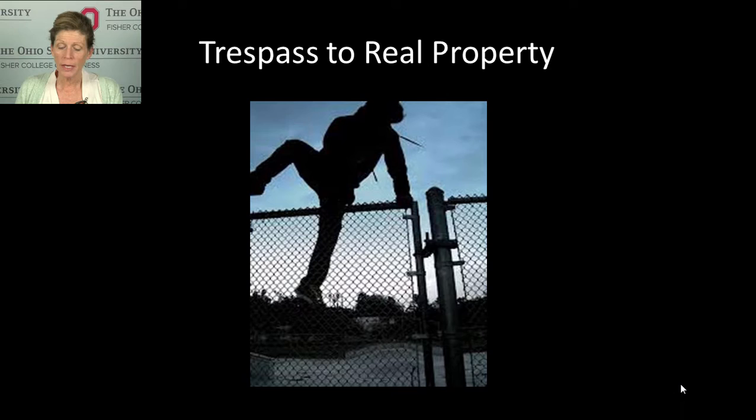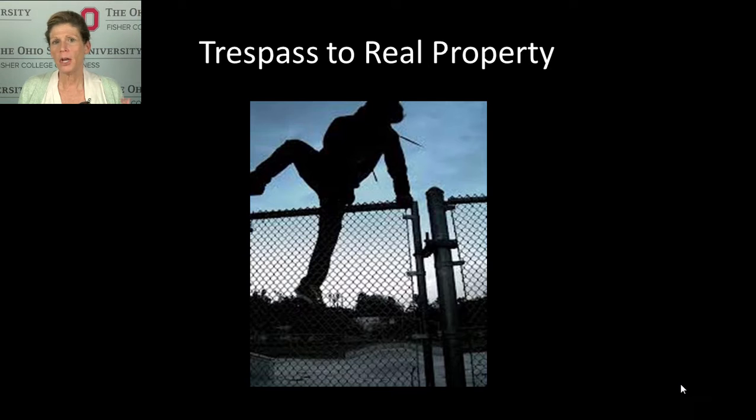Now, one thing that we should realize is that although an owner doesn't have a duty to a trespasser, so if the owner of a home or some property doesn't have a duty to a trespasser to take care of them or anything like that, they also can't put them in significant danger. They might have a problem.